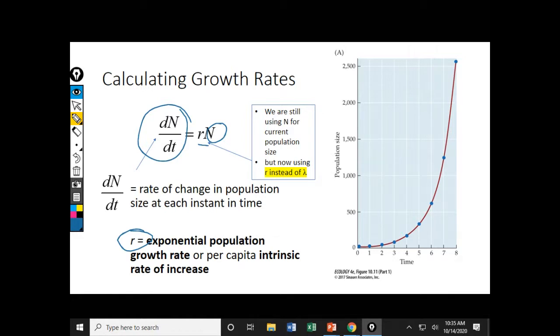Frogs breed in the spring. And polar bears, whatever it is. Most of those organisms have discrete breeding time periods. All birds. Those guys are all going to be using the lambda. The difference between these two and when we use them is very clear.